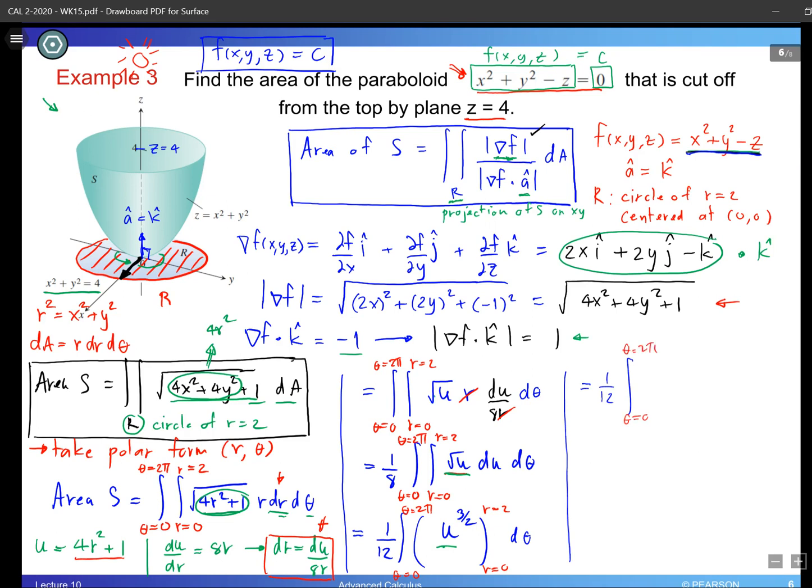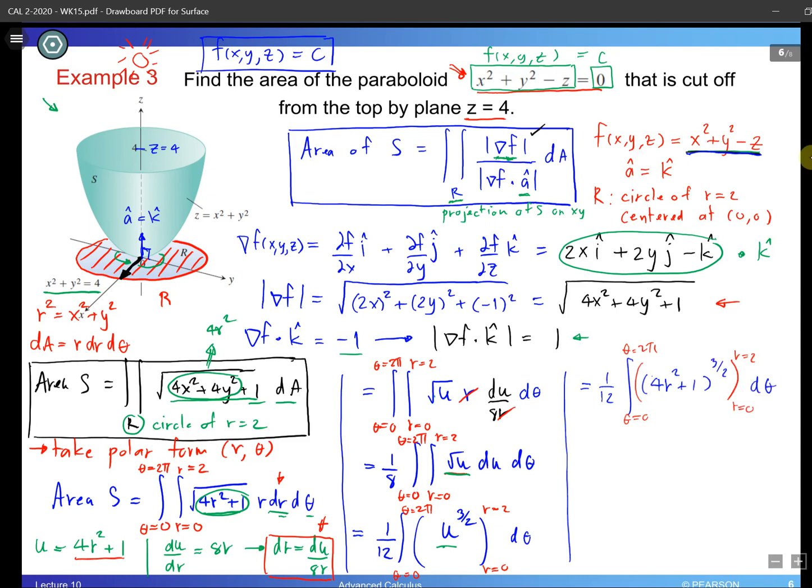And now u equal to 4r squared plus 1, so let's put that right here: 4r squared plus 1 to the power of 3 over 2. And we are supposed to evaluate this at two values, r equal to 0 and r equal to 2. Still need to integrate this with respect to theta, d theta.